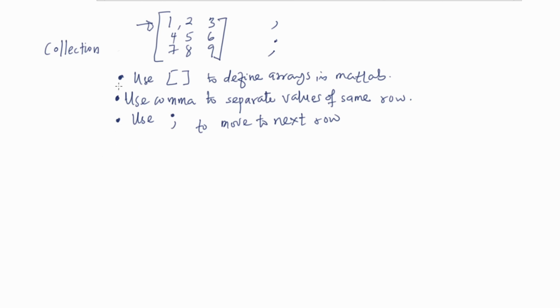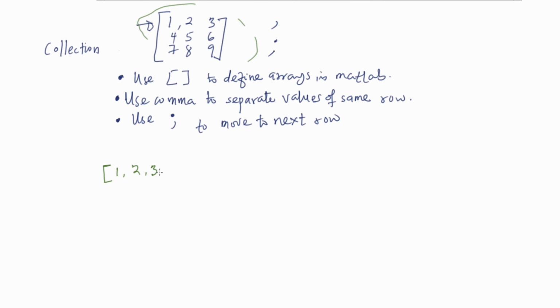So for example, if I want to define this matrix that I have up here, in MATLAB I'll just write my square brackets first. Then I'll write 1, 2, 3, right? All these values are in the same row, so I separate them with commas.